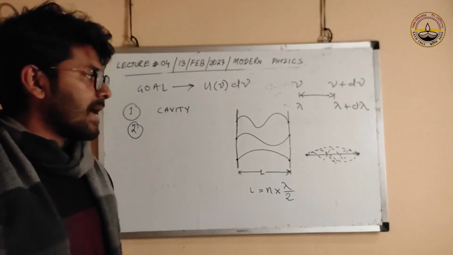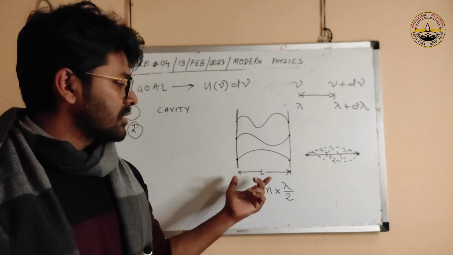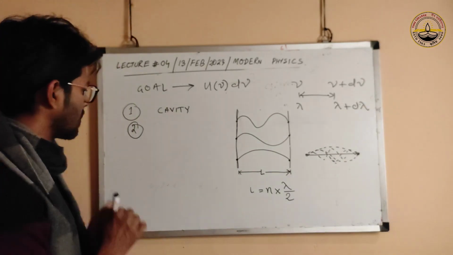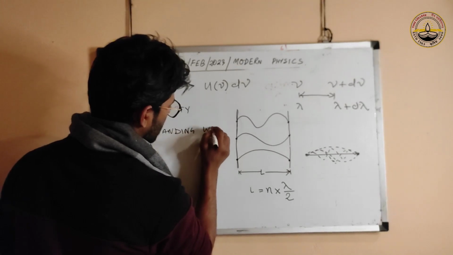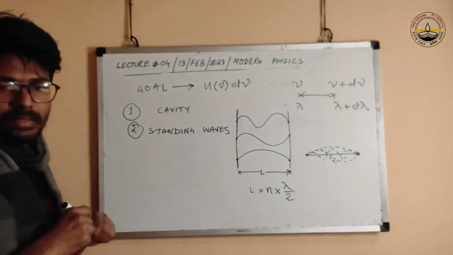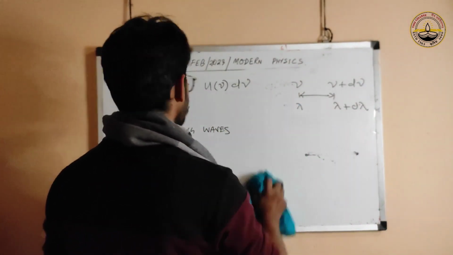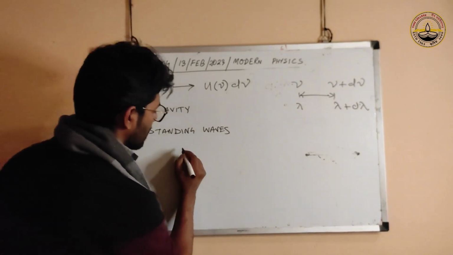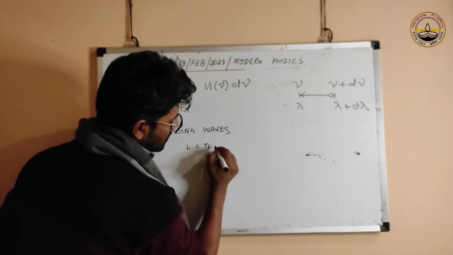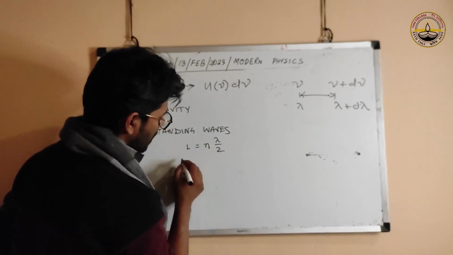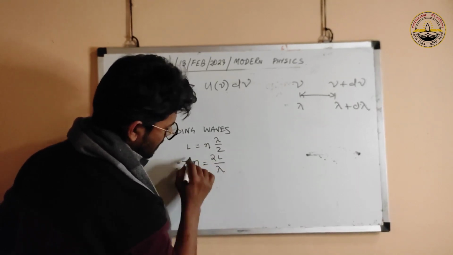The assumption is that the waves inside the cavity are in standing wave mode. And the condition for a one-dimensional standing wave is that if L was the length of the cavity, then L must be equal to n times lambda by 2, or simply n equal to 2L by lambda.